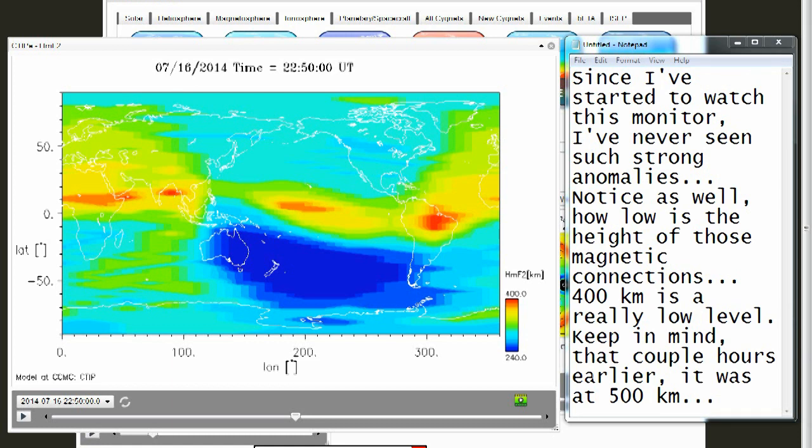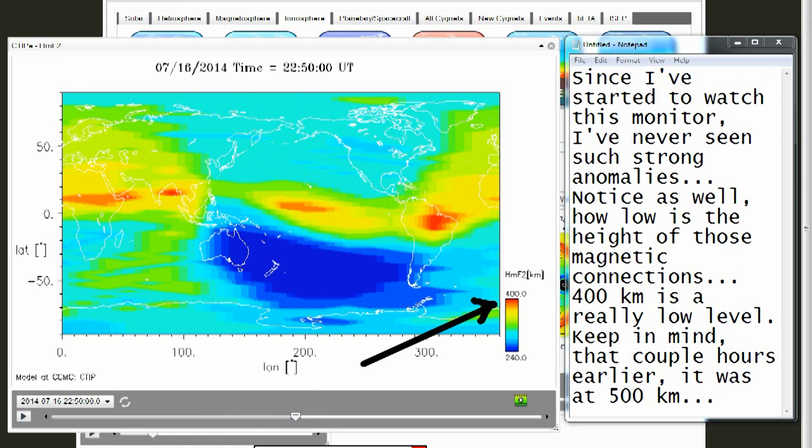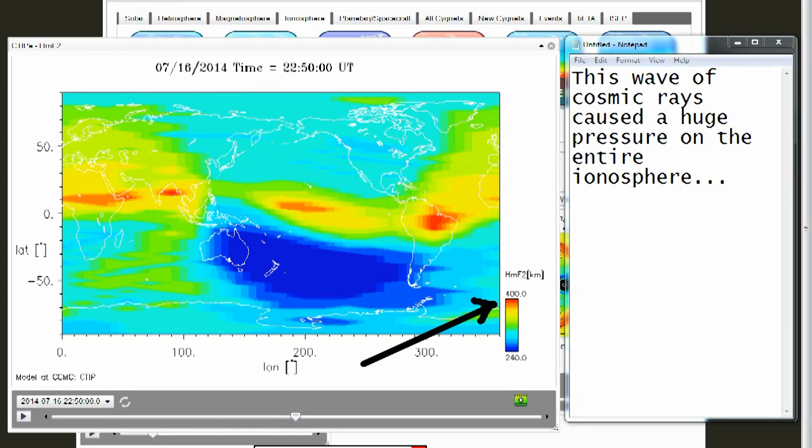Notice as well how low is the height of those magnetic connections. 400 kilometers is a really low level. Keep in mind that a couple hours earlier it was at 500 kilometers. This wave of cosmic rays caused a huge pressure on the entire ionosphere.